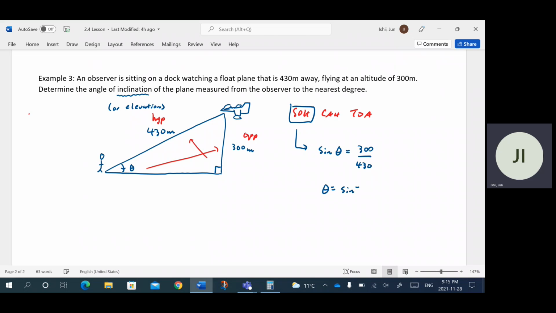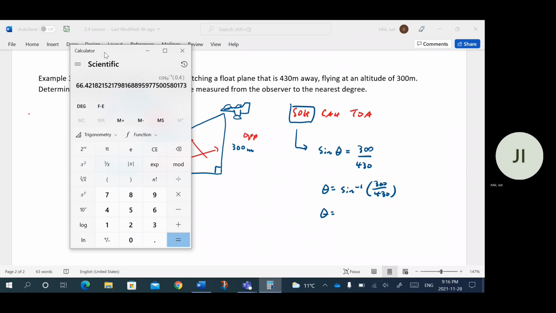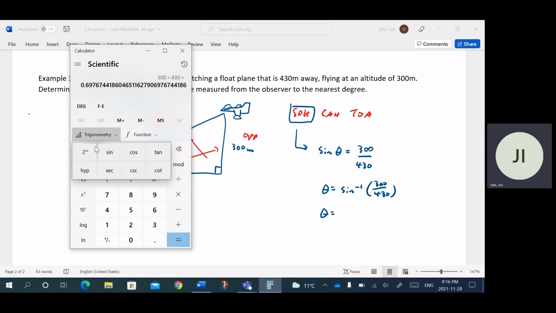I'm going to punch in sine inverse of 300 over 430. That should give us the answer. So 300 divided by 430 equals. This is 300 over 430, and we want to hit sine inverse of that, second function sine.